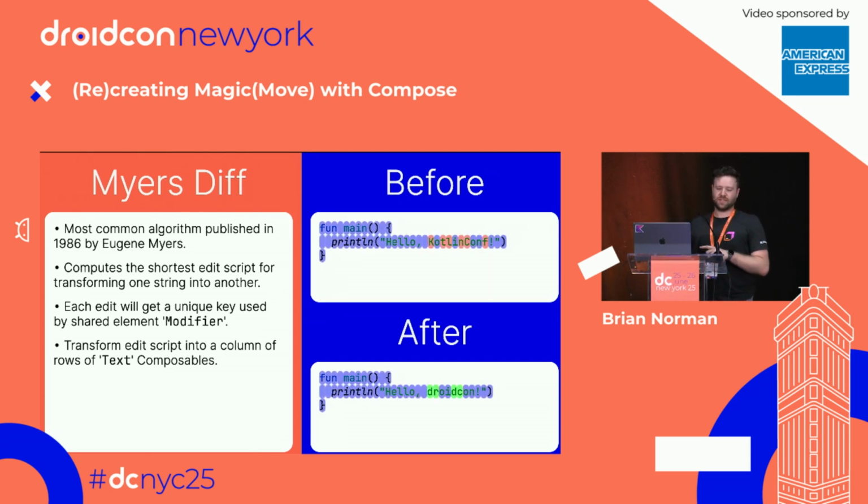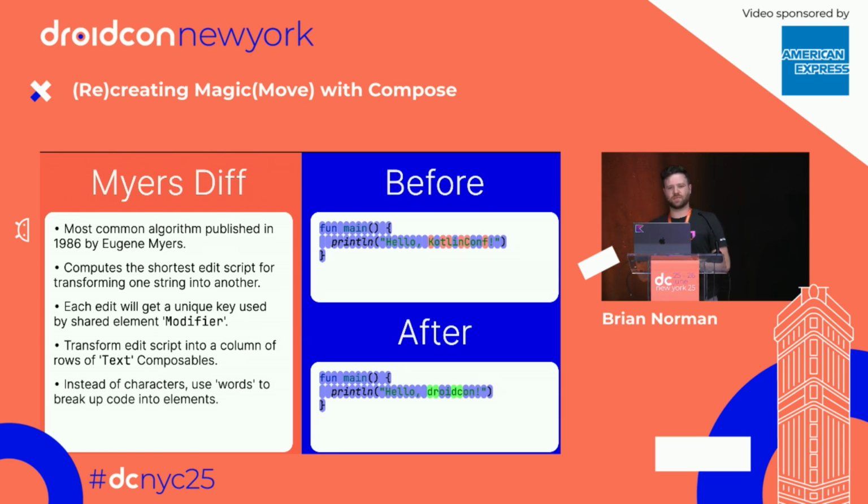So if we break this down from characters and instead do words, where we take keywords, identifiers, or something like that, we pre-break down the annotated string, not into characters, but into some other kind of thing, we can get a much better diff from Myers that shows, hey, let's remove Kotlin conf and add droidcon.